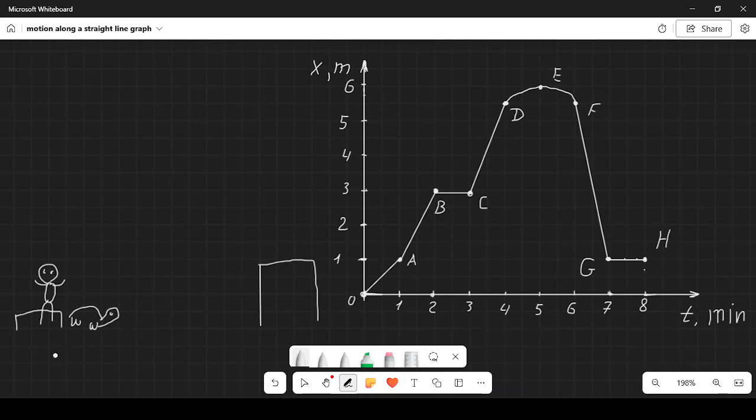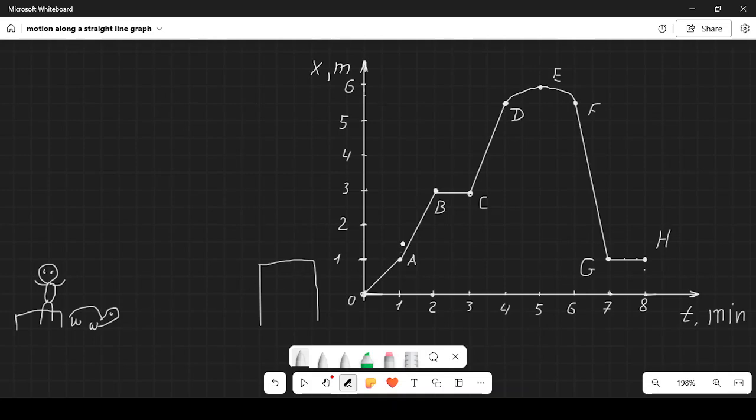She had some stops, her speed was changing. If we want to describe the motion of our turtle in a verbal or written form, it would be quite complicated because a lot of changes were in the motion of the turtle.